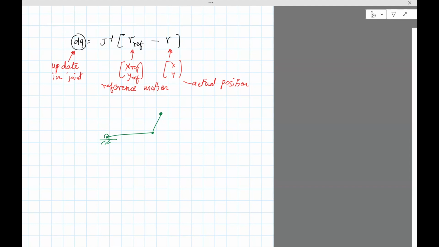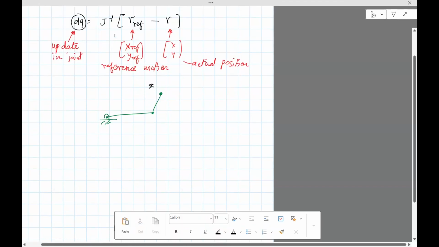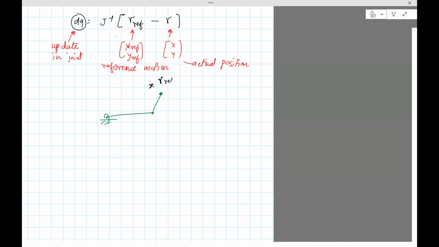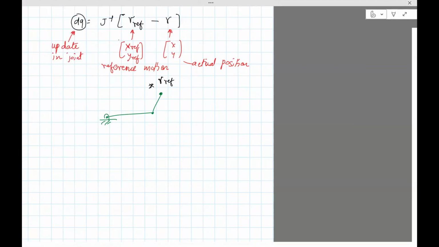So let's say you want to draw a circle. This is R ref, and this is the actual position R. Remember, that's x ref, y ref, and this is x, y.